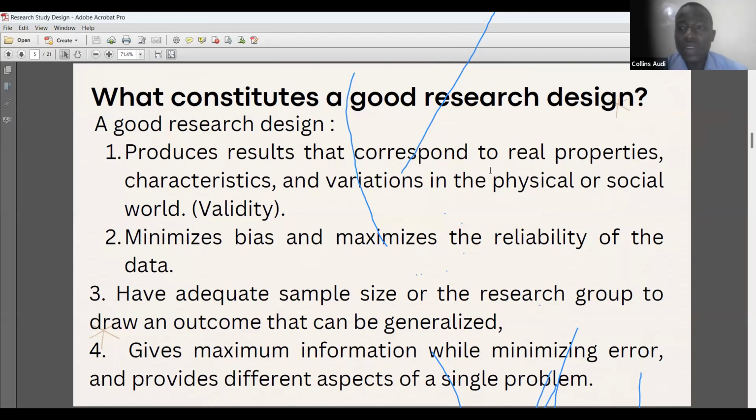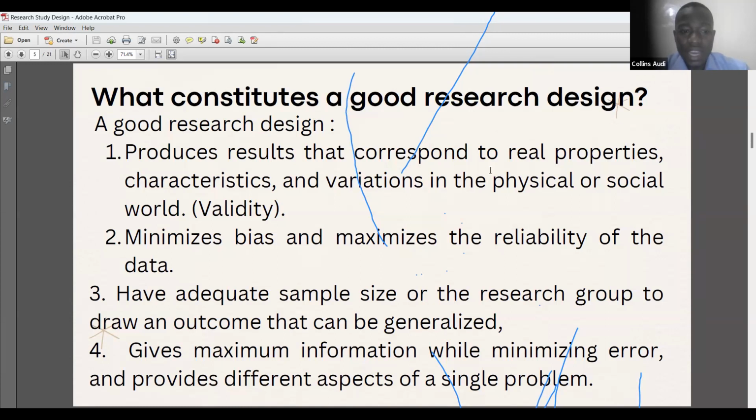Reliability refers to how consistent the results in your study are. If we measure these results at different time intervals by different people, are we able to find similar results? A good design should also have an adequate sample size or research group to draw an outcome that can be generalized. So we should have a representative sample.